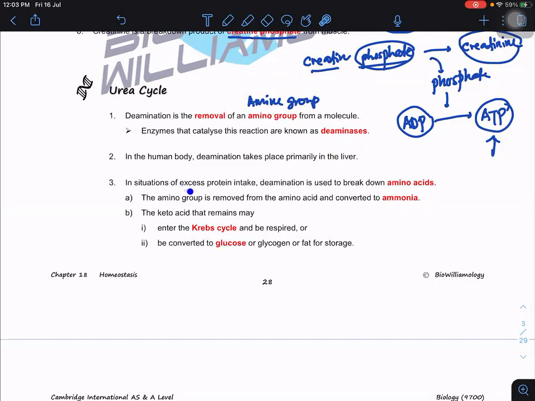If you take in excess proteins, deamination is used to break down the amino acids. The amino group will be converted to ammonia. The keto acid, the remaining part, will enter the Krebs cycle to be oxidized or converted into glucose, glycogen, or even fats for storage.